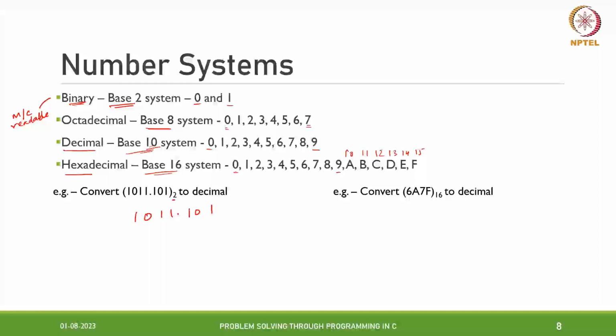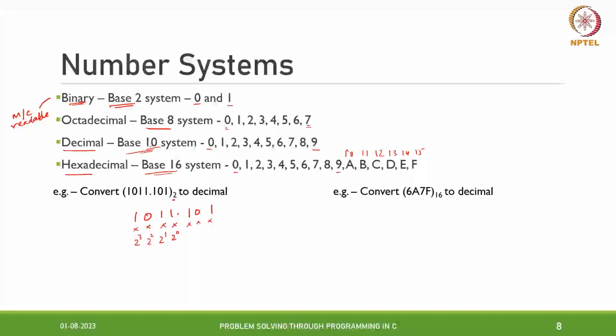So the way to convert from binary to decimal is as follows. So you have to multiply all of this with some certain values. Okay, I'll tell you what exactly. So this you will multiply with 2 to the power 0, this you multiply by 2 to the power 1, this with 2 to the power 2, this with 2 to the power 3.